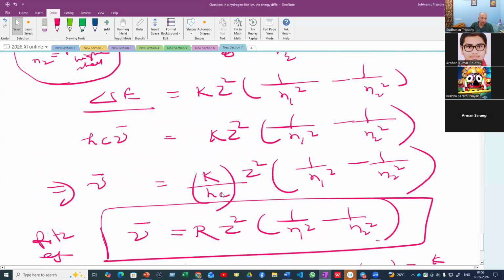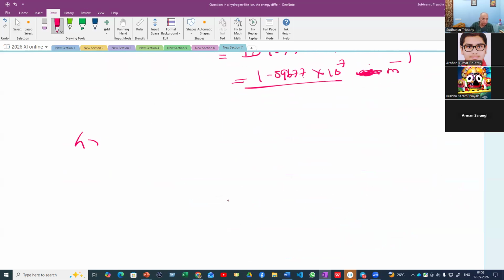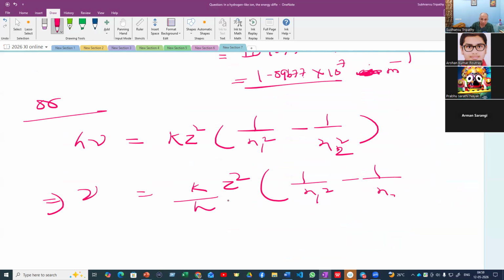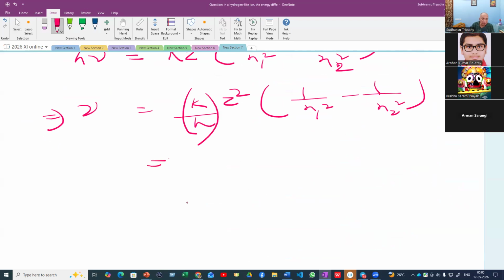If you use h nu directly in place of delta E, it will be K Z square times 1 by N1 square minus 1 by N2 square, and nu is the frequency, which is simply K by h. If somebody asks you to find the frequency, this K by h is 3.29 into 10 to the power 15 hertz. This is the constant.